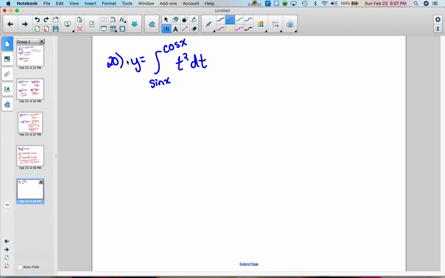Okay, so the last one I was going to do here, we're doing the same thing. I have to split it apart, so I'm going to go from sine x to 0 of t squared dt plus 0 to cosine x of t squared dt.